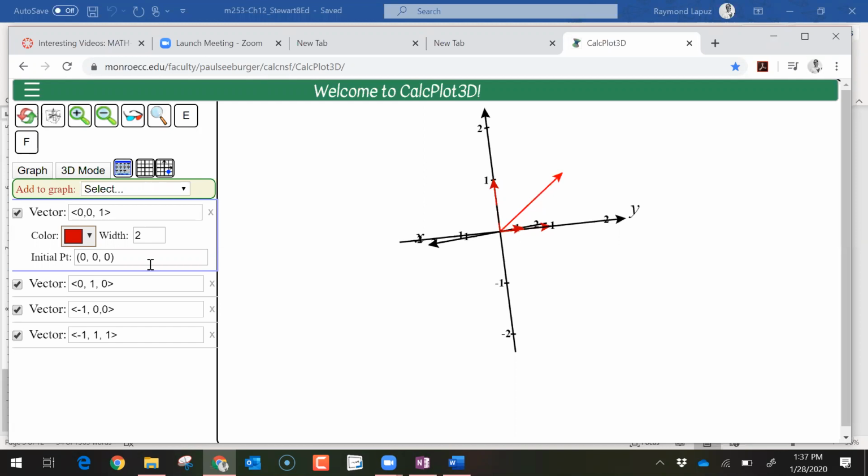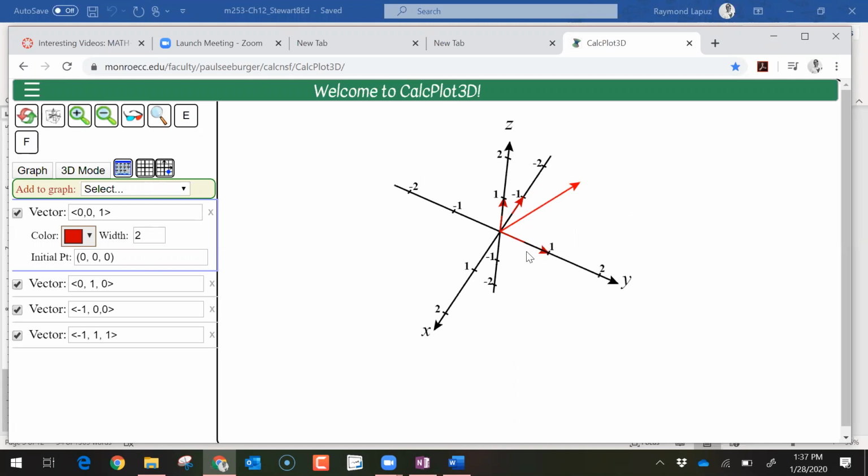Let me do one that doesn't come from the origin. All right, here's what I want. I want a vector from this point, so I want a vector 0.